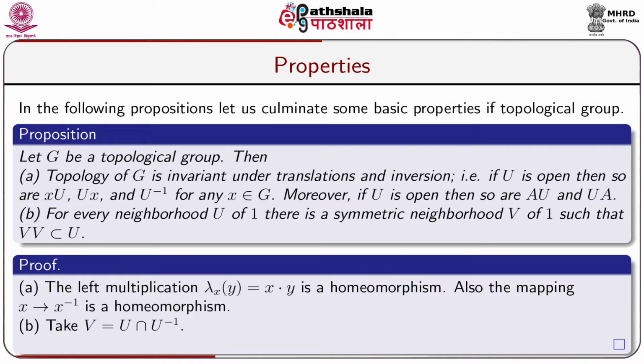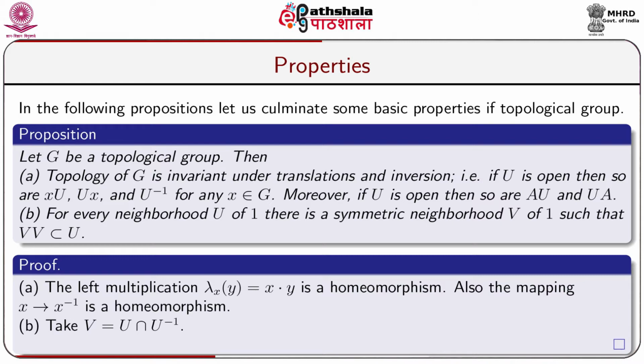Now, since lambda x is a homeomorphism and if U is an open set, then clearly xU is also open. And again, as x goes to x inverse is a homeomorphism, therefore if U is an open set, so U inverse is also an open set. Similarly, we can show that right multiplication is also a homeomorphism and therefore Ux is also an open set when U is an open set.